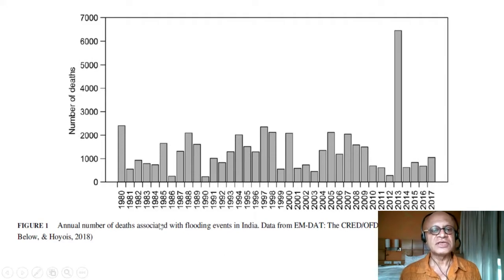So this is the annual number of deaths associated with flooding events in India, and you can see that there are generally a varying number of deaths. In general, when you look at cyclone disaster management and floods in general, India has gotten better, especially some states have done much better than others.